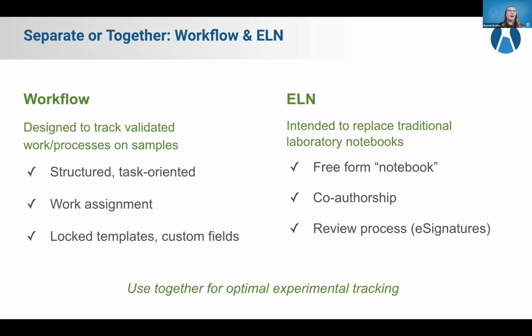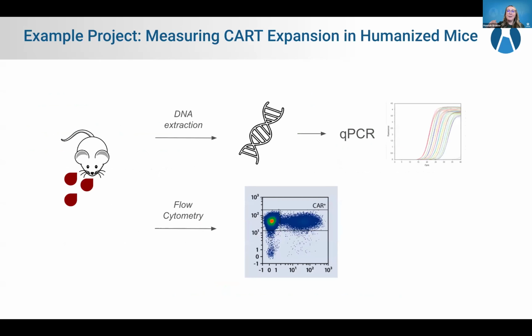So I have clients that are using one of these or each of these separately. And then we also have clients that are using both of these together for an ideal experiment tracking system. And so my thought today was to maybe stay in the CAR T cell space.